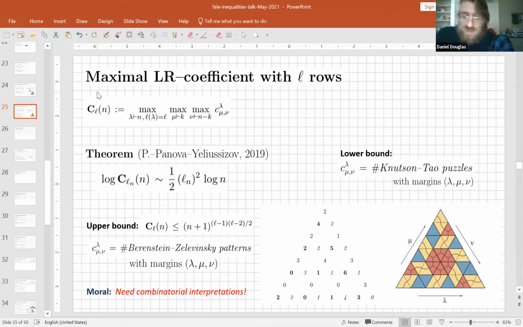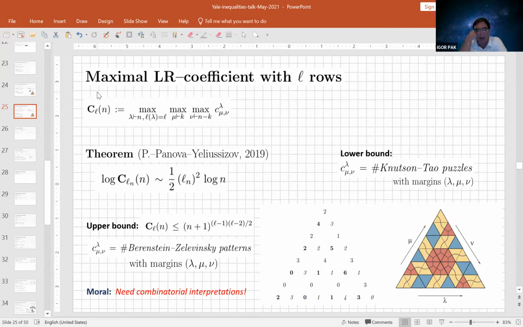For Bernstein-Zelvinsky you have just a bunch of integers; for Knutson-Tao, did you use the pictures or just the integers? I don't really see the difference. Every picture can be encoded with integers, but yes, we did use the pictures.